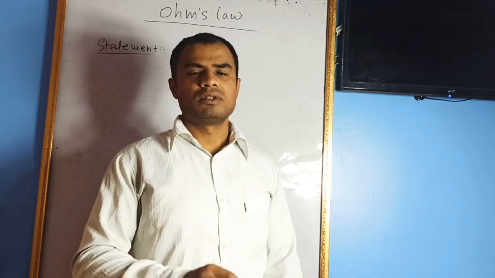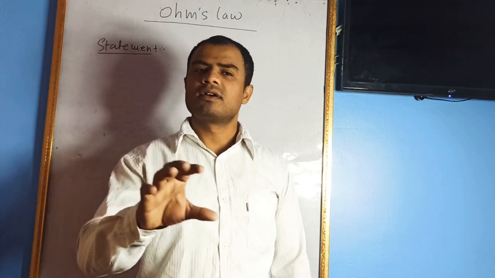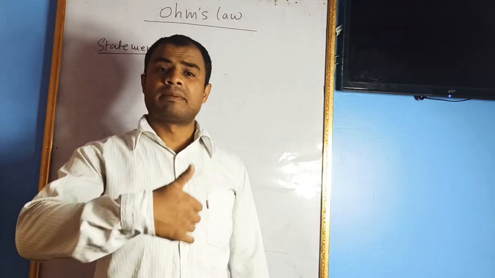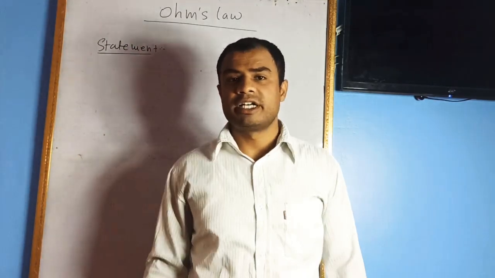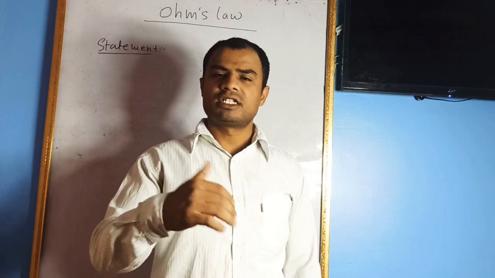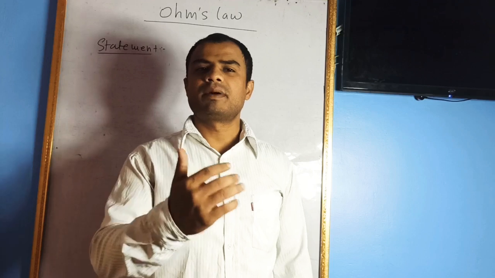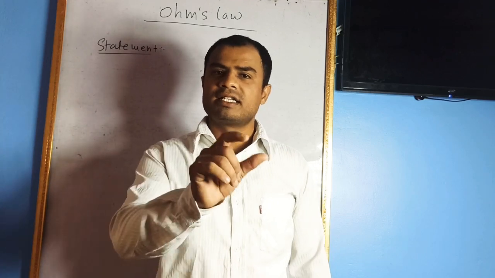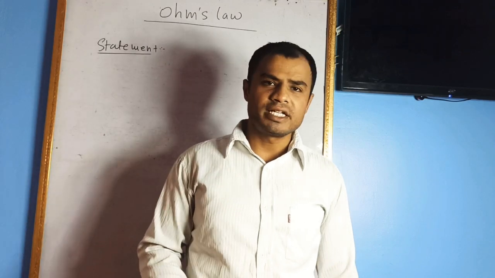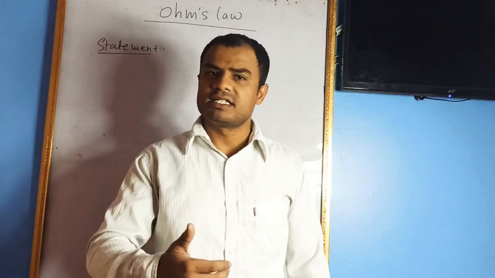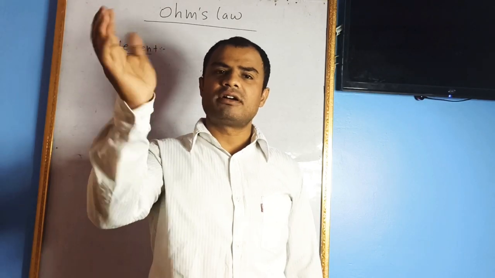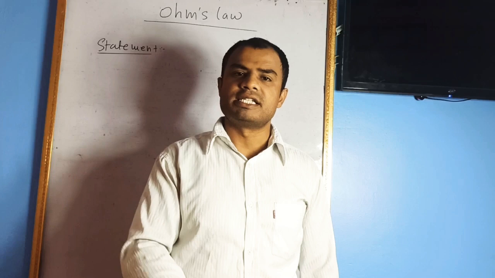At constant physical parameters, the applied voltage is directly proportional to the current flow through it, or in other words, the current through the circuit is directly proportional to applied voltage. Because if temperature changes in the circuit, it causes the value of resistance to increase or decrease.